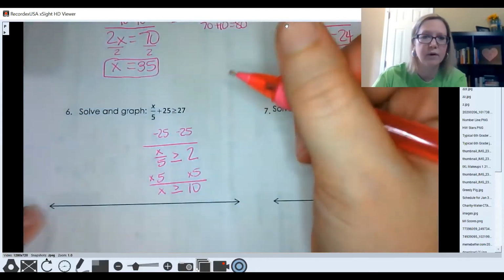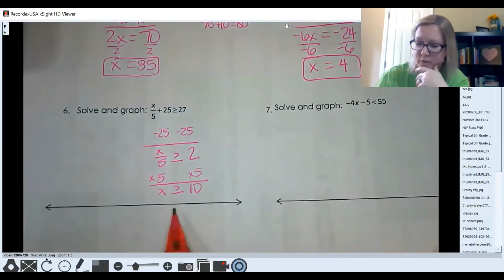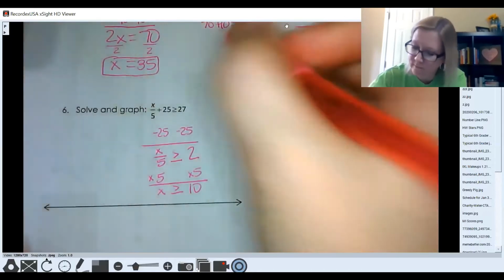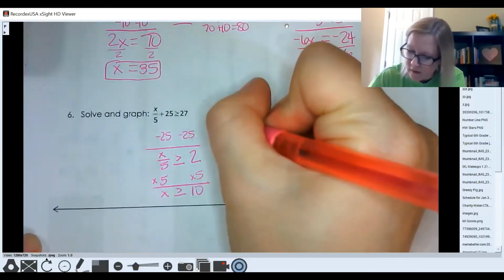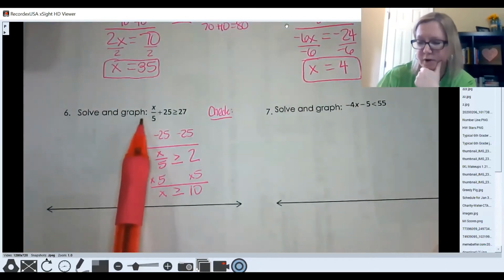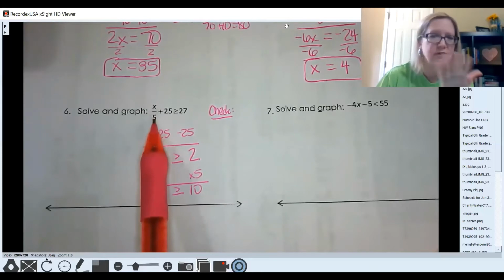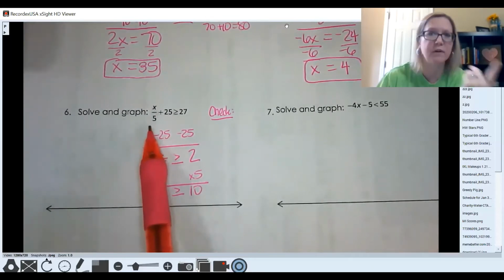All right, I'm going to check that by substituting a value in there that would work. In fact, I'm going to use a number other than 11, because if I use 11, it gives me a decimal, which is just a little bit harder. So I'm going to use a number divisible by 5, so I'm going to use 15.